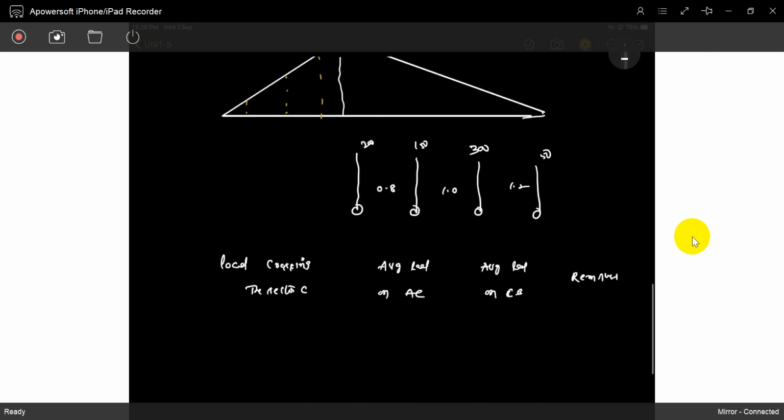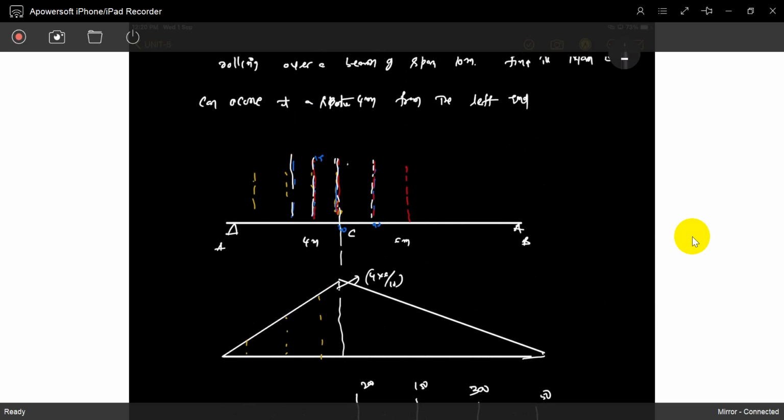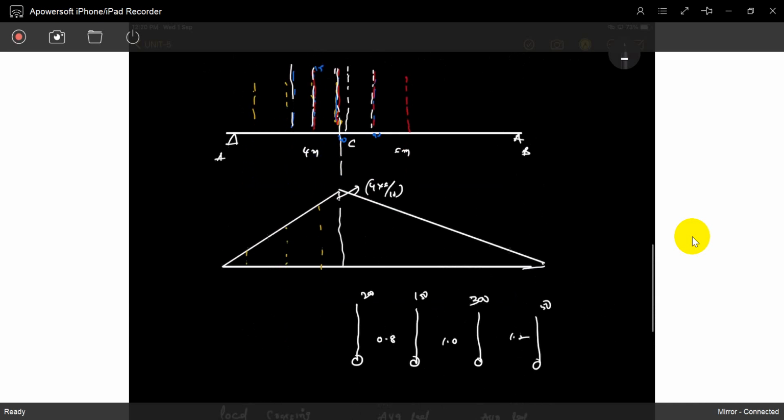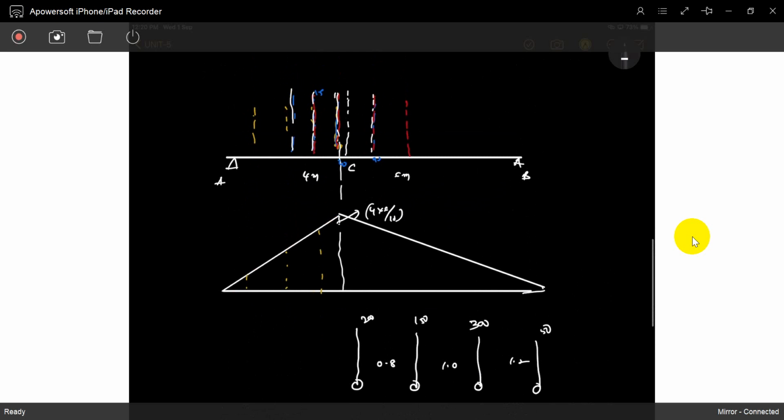So 50 kilonewton is crossing the section C. Just crossing means you put exactly 50 on the section. Just 50 crossing the section, so the average load on CB is what? 50.